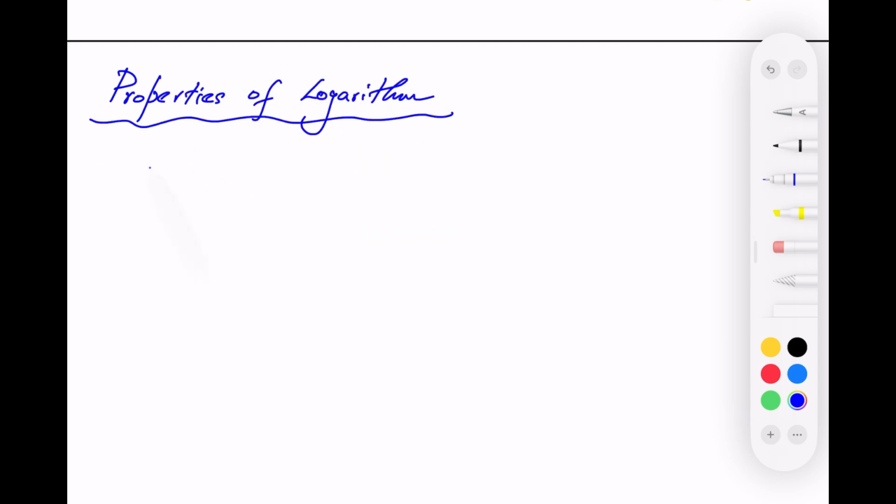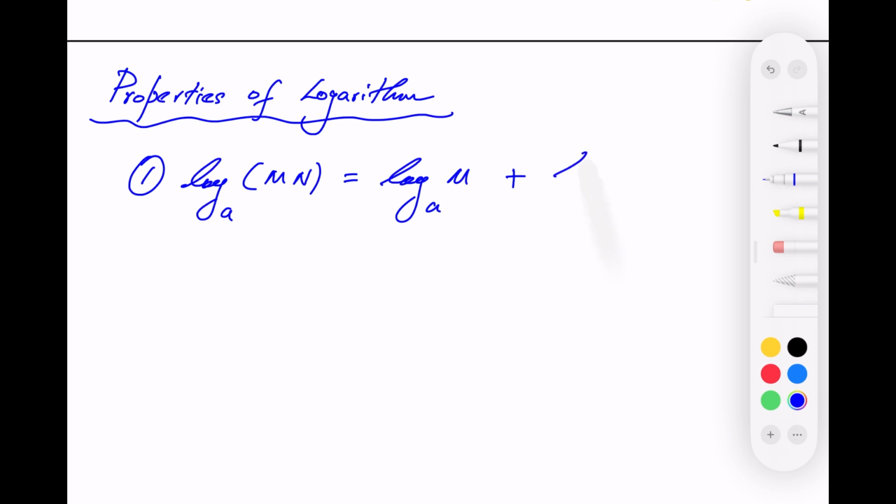Here's the first property. Let's say you have to obtain logarithm to base a of m times n, where m and n are both positive quantities. They may be functions as well. This is equal to logarithm base a m plus logarithm base a n. That's your first property of logarithm.